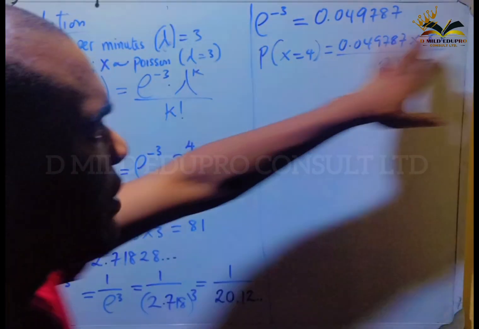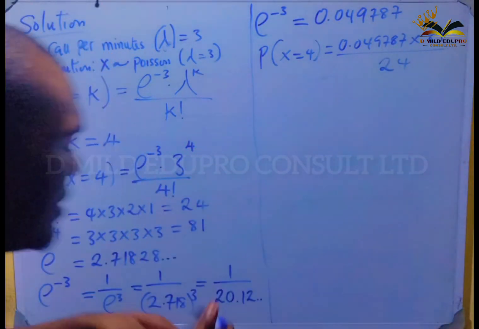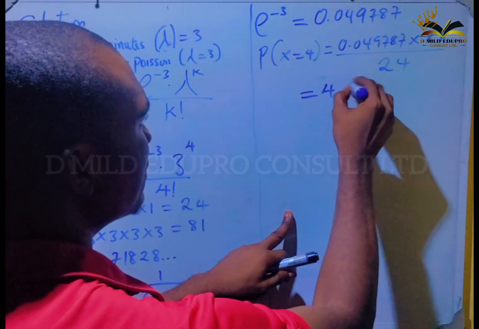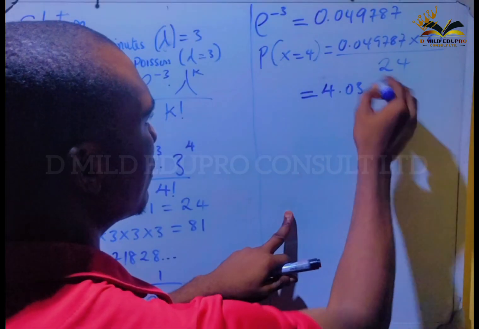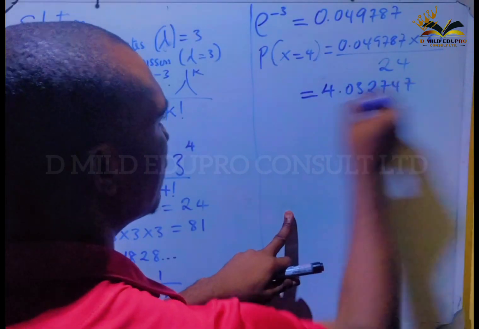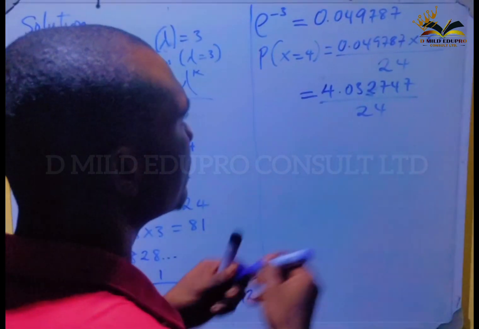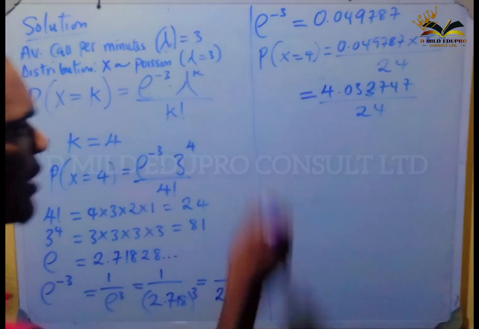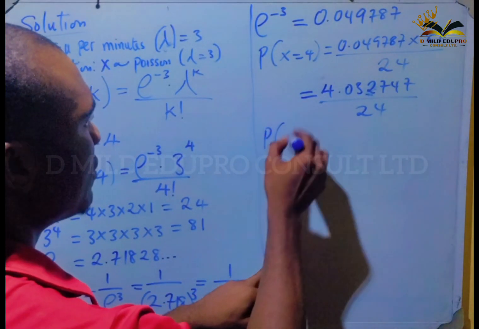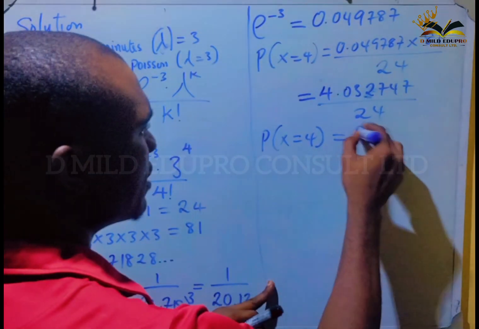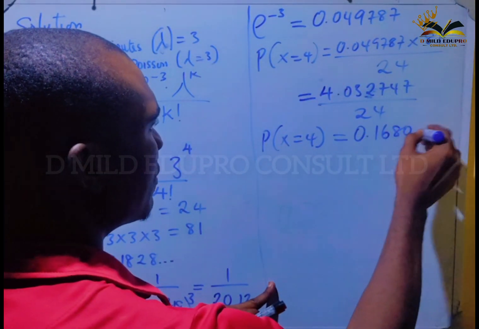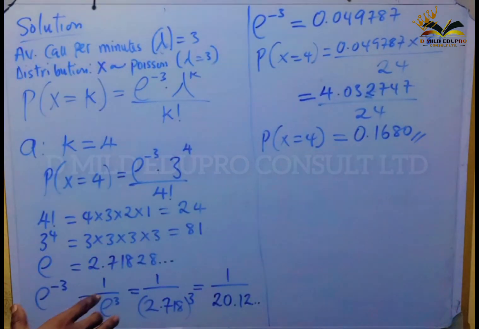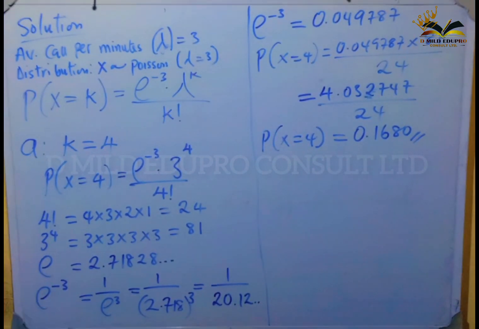When we simplify, we have 4.032747 divided by 24. So the probability of X equals 4 is 0.1680. This is the solution you get when your k is exactly 4.